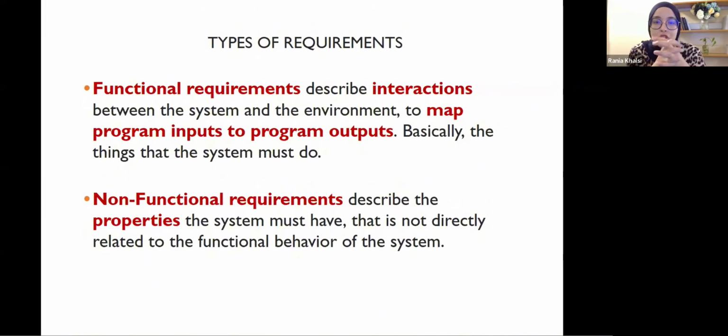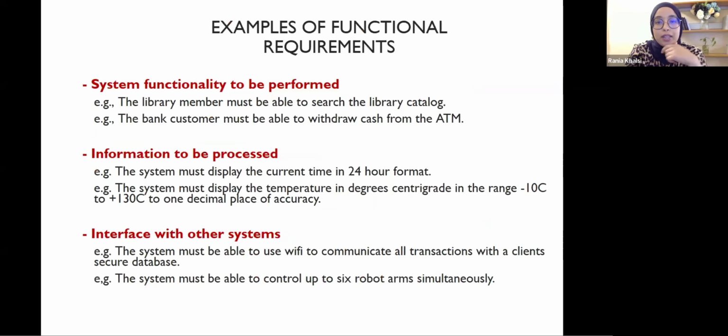Non-functional requirements describe the properties or characteristics that the system must have that are not directly related to the functional behavior of the system, such as execution time, and we can also discuss memory usage and so on.